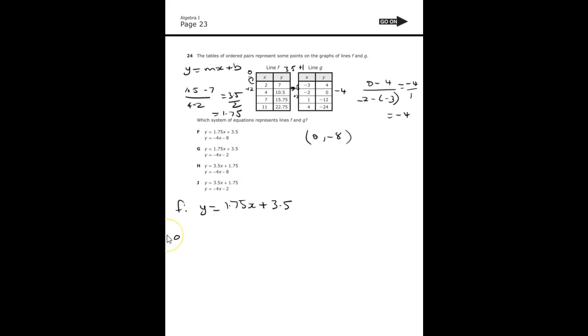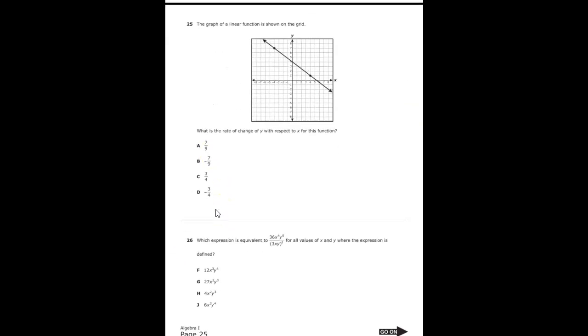And then G is going to be y equal to -4x, and then the intercept should be -8. So let's see. I think F is going to be the best answer. Y equal to 1.75x plus 3.5. Y equal to -4x minus 8. Okay, that's right.